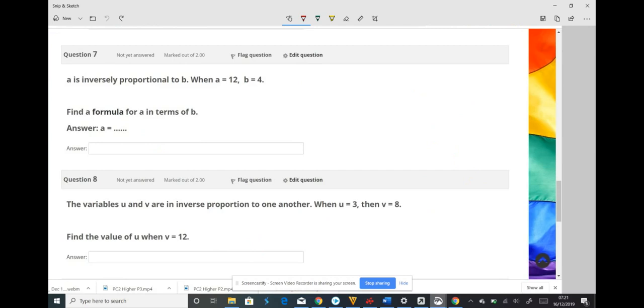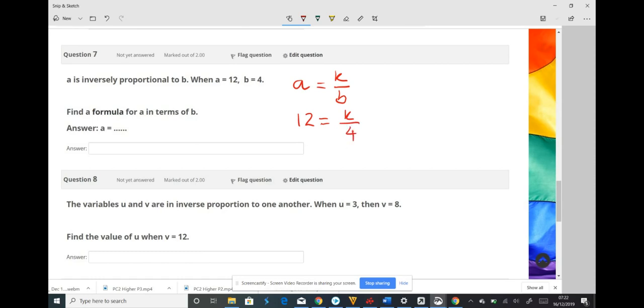Question number 7. A is inversely proportional to B. So I can write this as A is equal to K over B. So we follow the order where it says A is inversely proportional, then we've got A equals K over B. When A is equal to 12, then B is equal to 4.